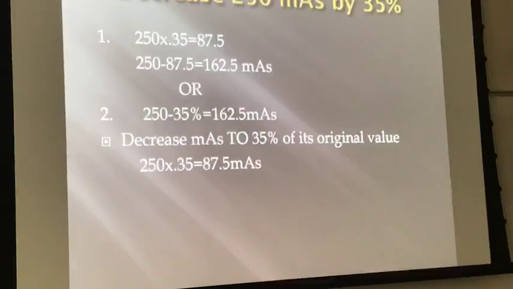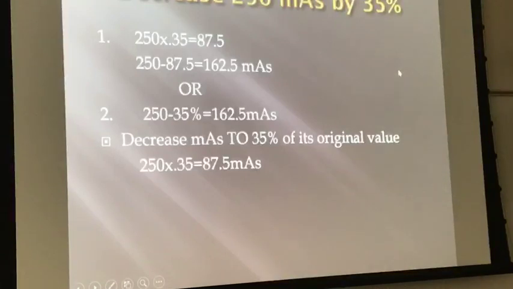All right, so let's go in the opposite direction. We're going to decrease 250 mass by 35%. So 250 times 0.35. And then again, subtract 87.5 from 250 is going to give you 162.5 mass, or you can use the function keys, 250 minus 35%.